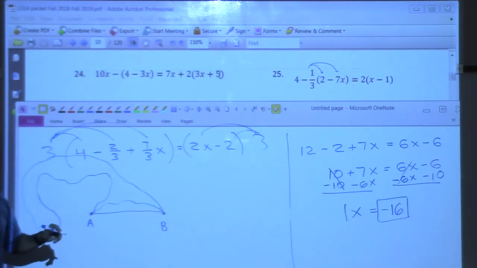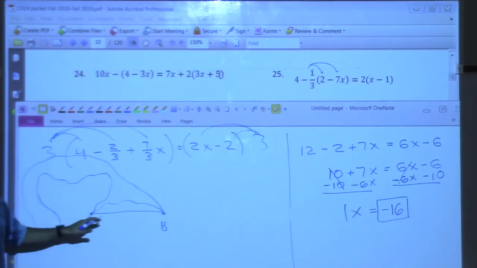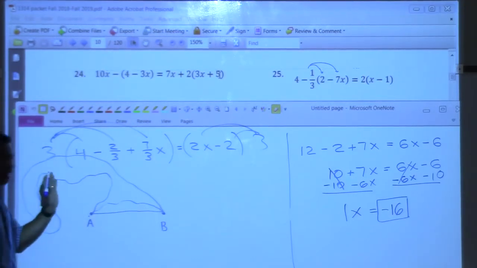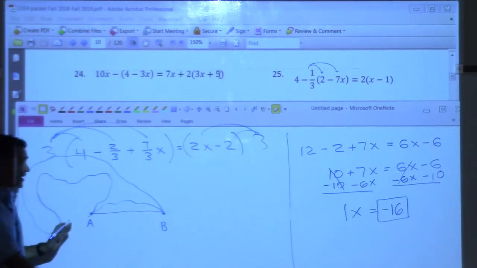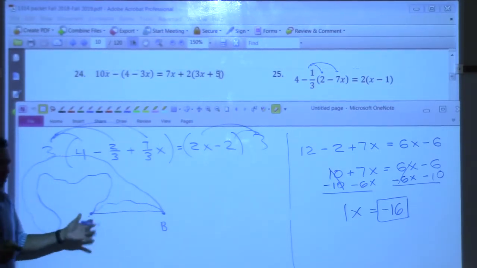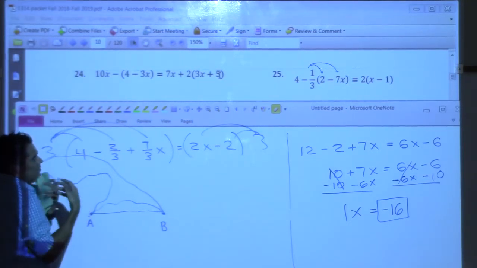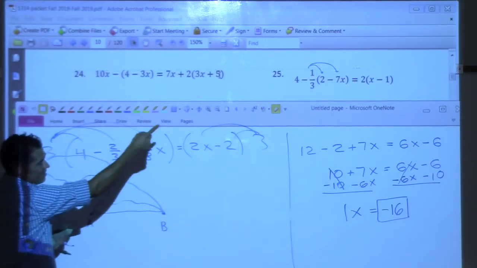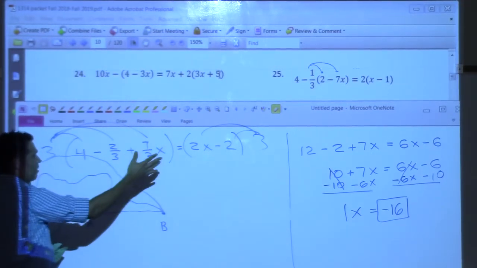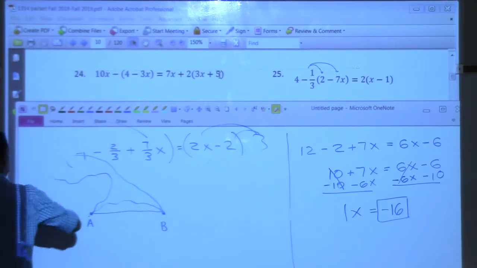But if you break a rule, if you do something you're not allowed to do, then you no longer are on a path, like you've gone off the map, so to speak. And the only way to get to B is to make a mistake and get yourself somehow back. All right, so to me, my experience in this, I know this would probably be a little faster, but yeah, okay.